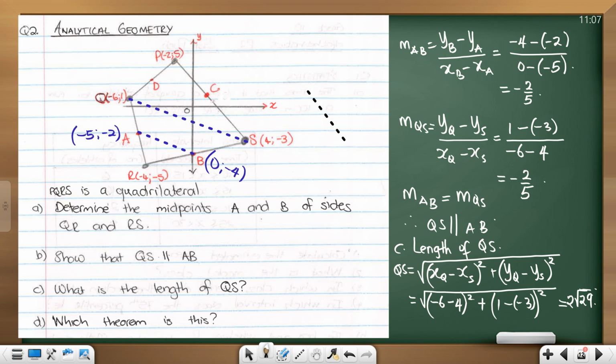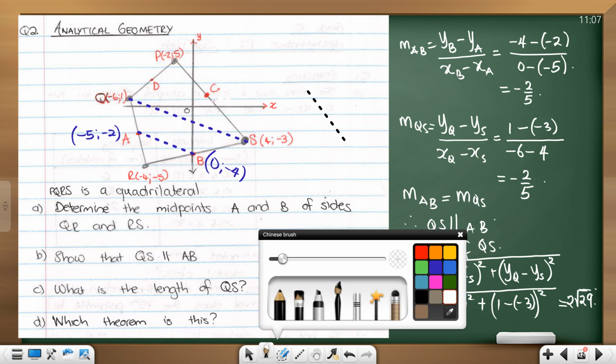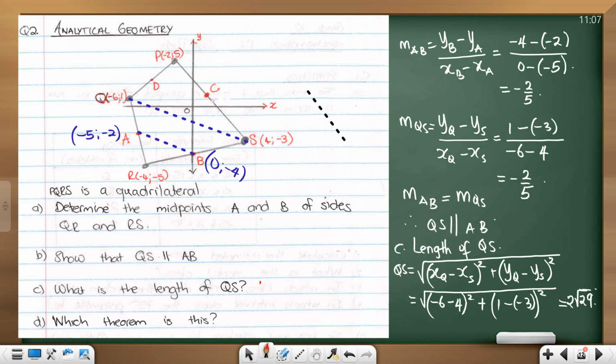Mara, can you get me the length of AB quickly? Now retype that very fast. Can you type it the way I wrote it on the board? When you see a bracket, put a bracket.